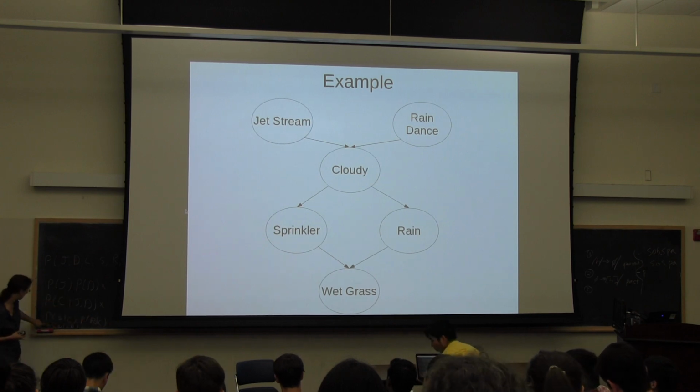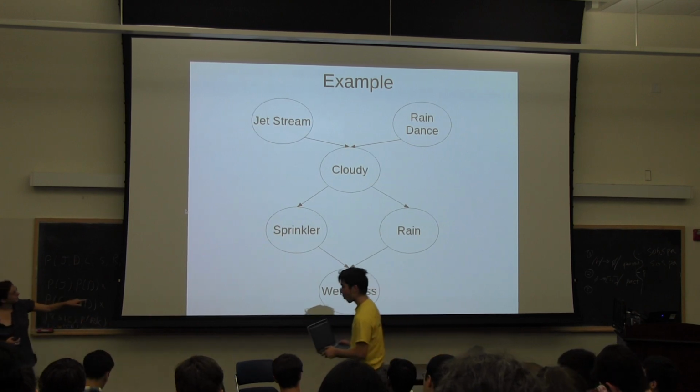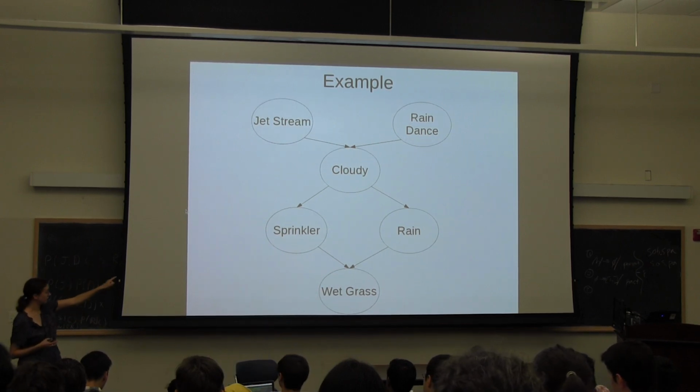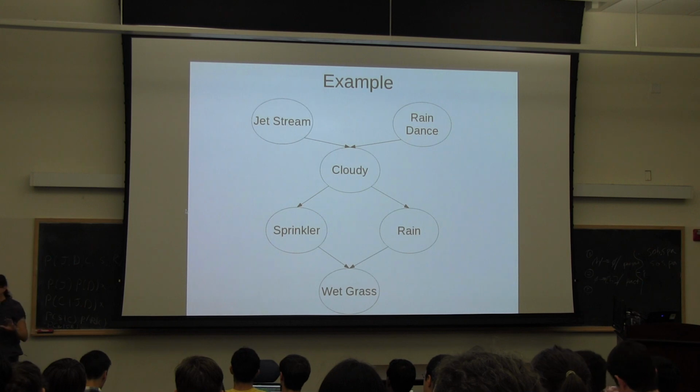When we write probability of W, we don't have to write it given S, R, C, J, and D. We can just write it given S and R. So that's the independence question.